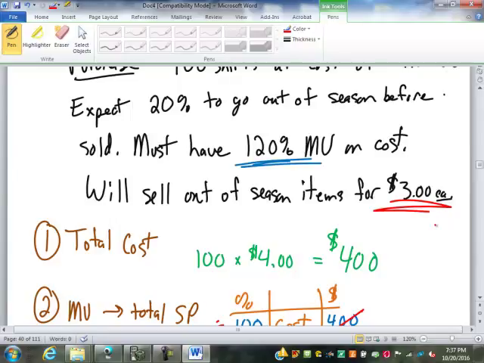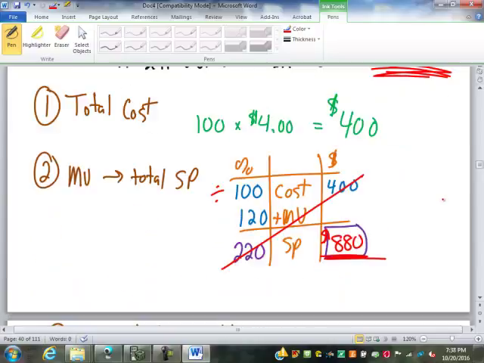Or in some cases, they've written them off as a loss. So that $3 in this calculation, they're going to get $3 for it, period. Either they're going to sell it for $3 or they're gaining $3 on their taxes by writing it off. So each of those items is going to get $3.